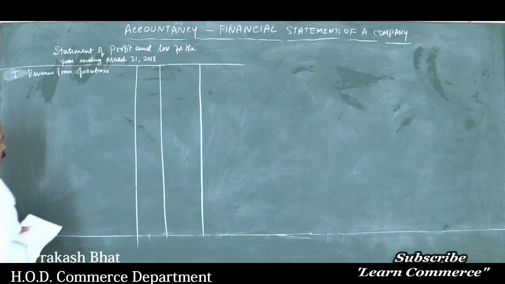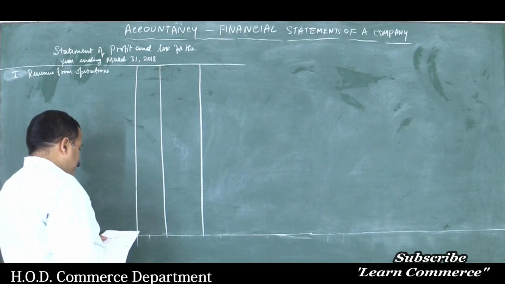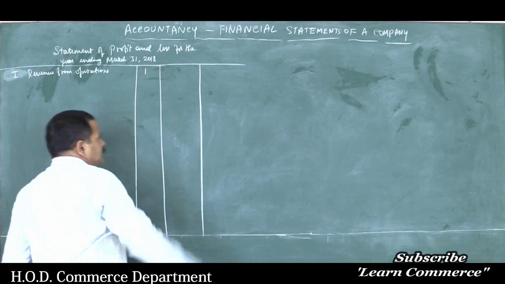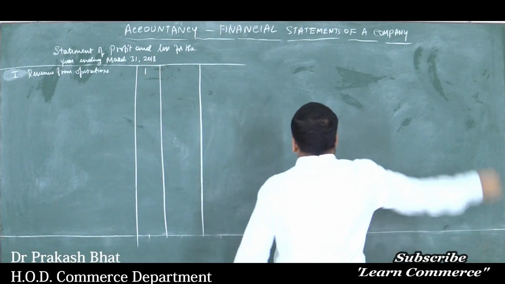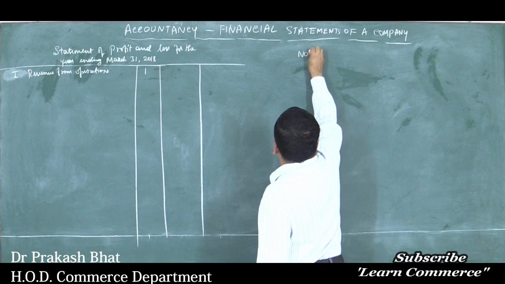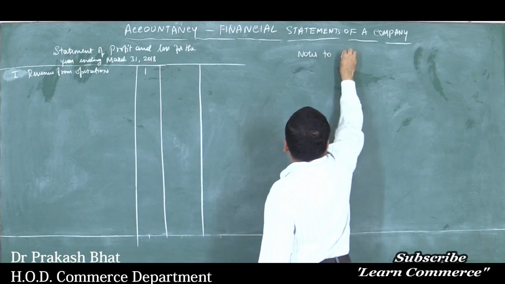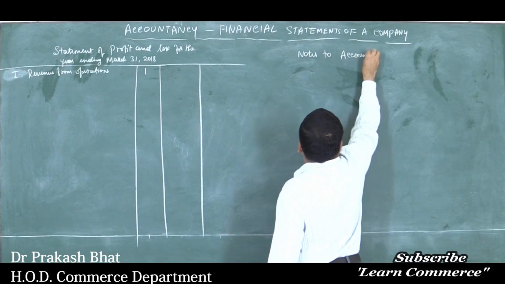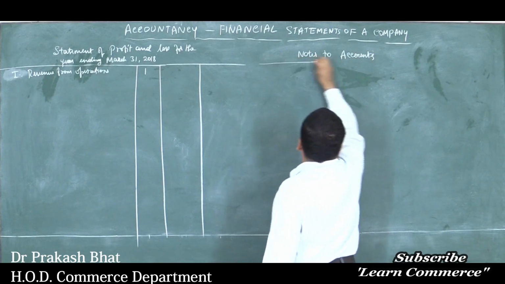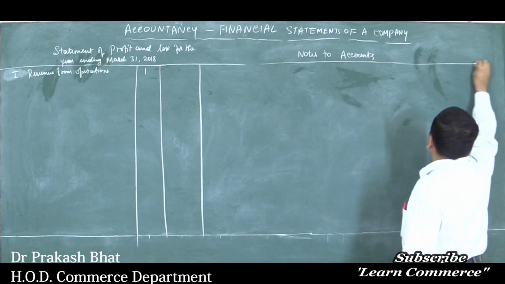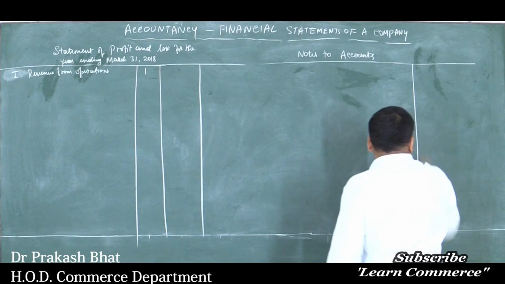Revenue from operations, correct. How much? Note number 1. We have to prepare a note number for this because we have to do the calculations. Notes to accounts. Leave space in between. Fine. Yes.